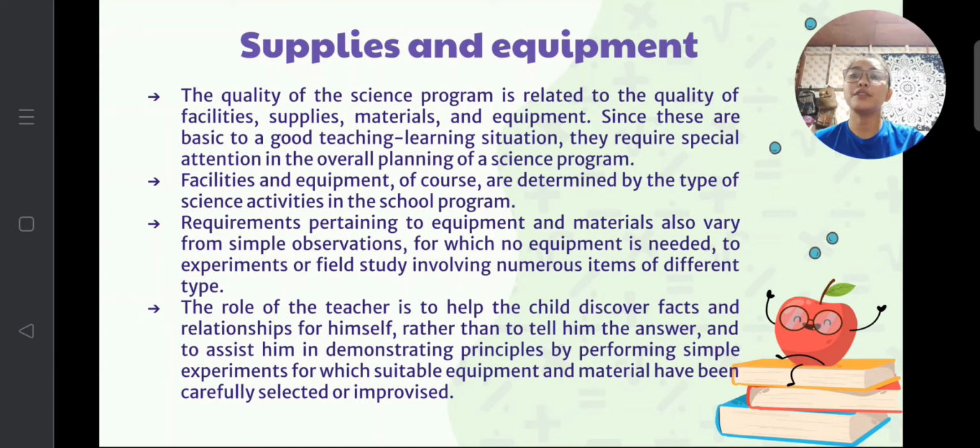Then the role of the teacher is to help the child discover facts and relationships for himself rather than to tell him the answers, and to assist him in demonstrating principles by performing simple experiments for which suitable equipment and materials have been carefully selected or improvised.